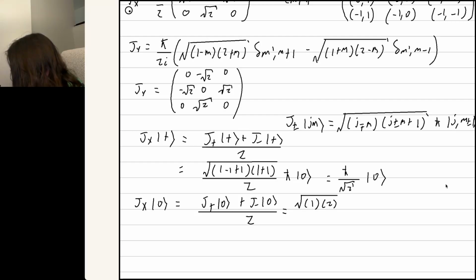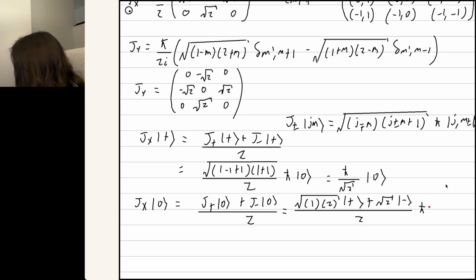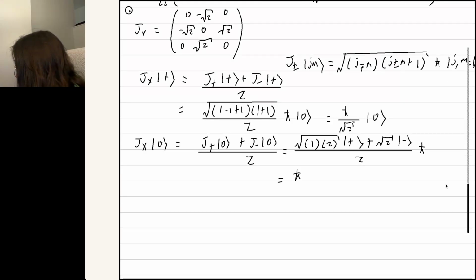The j plus is going to raise it to the up state, and then the j minus is going to lower it to the minus state. Root 2 over 2 times h bar. So operating jx on the 0 vector gives you a superposition of up and down. Interesting.